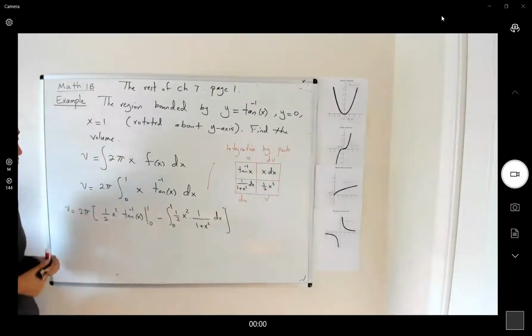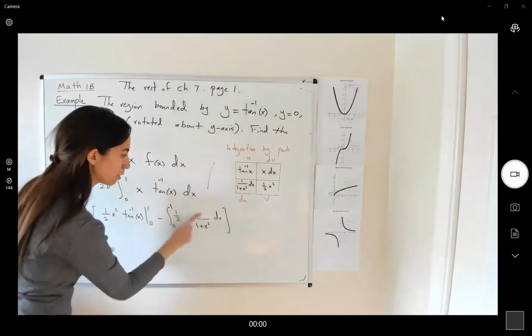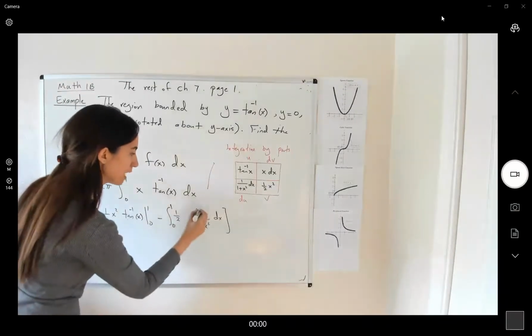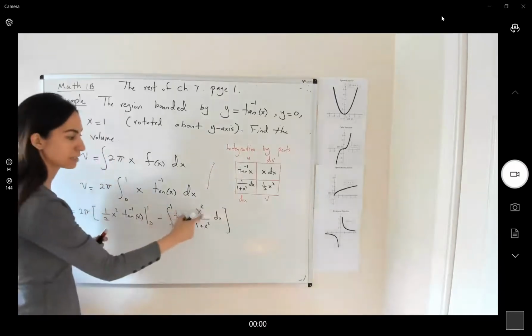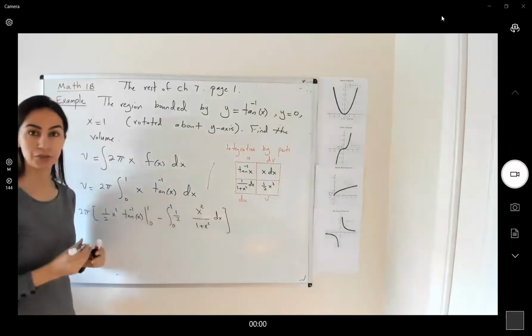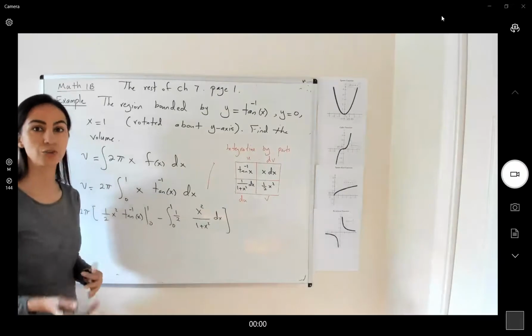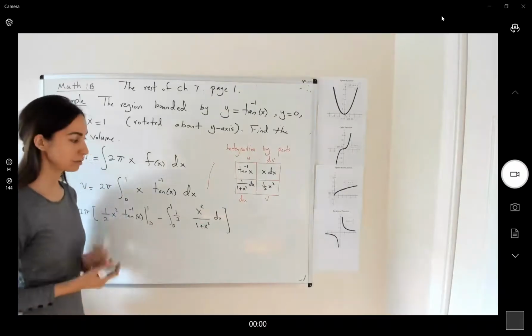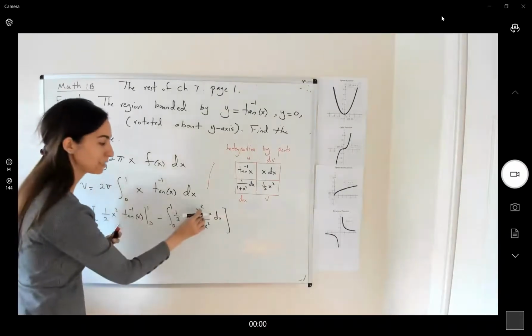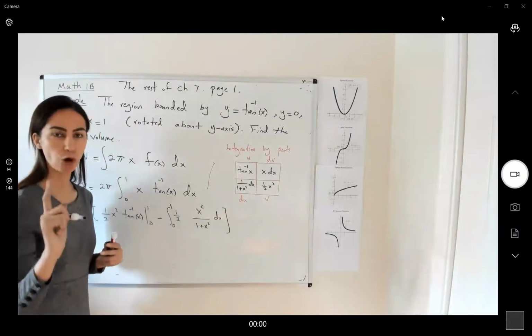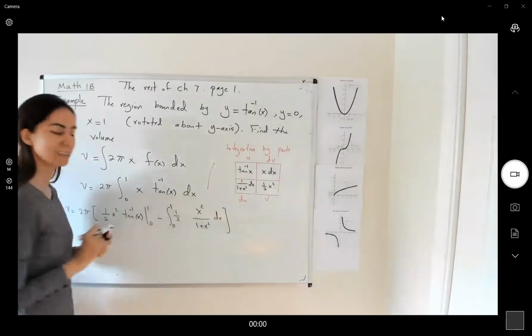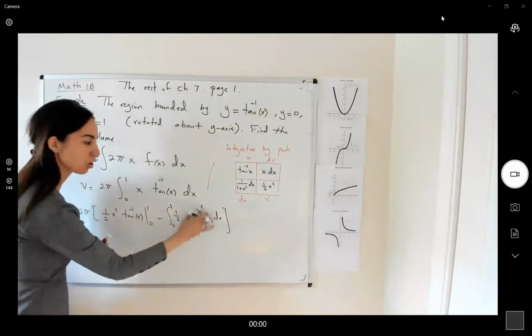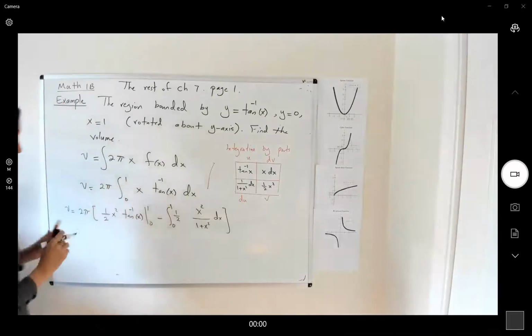Very good. So if I write x squared in my numerator, as you can see, you have the exact same degree. You can either do long division, or you can add and subtract 1 to create the exact same expression in your numerator.